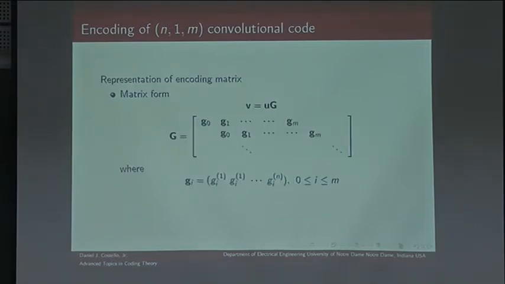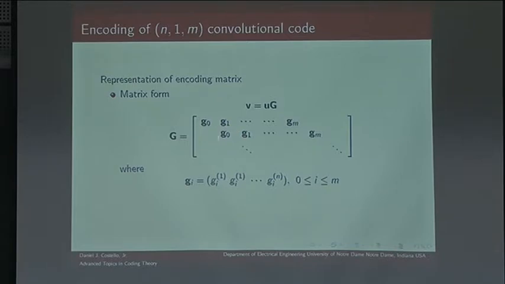Okay, so there's a matrix way of representing a generator matrix that we can use for a convolutional code. Unlike a block code, it doesn't have a fixed size. It's got an undetermined number of rows and an undetermined number of columns, depending on the length of the input sequence that we're going to use.